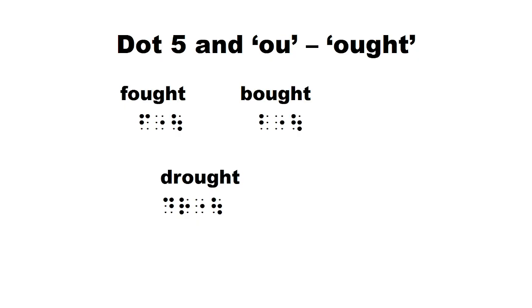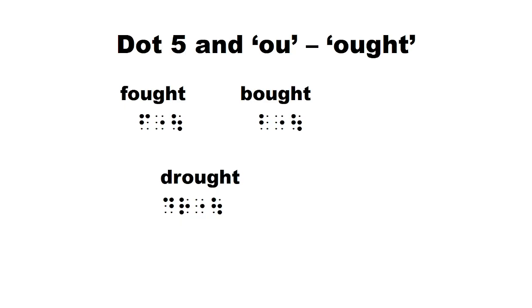Next, we have the word bought. That's BOUGHT. So we write B and we use the contraction for ought, dot 5 OU, dot 5, 1, 2, 5, 6. And our third and last example is the word drought.